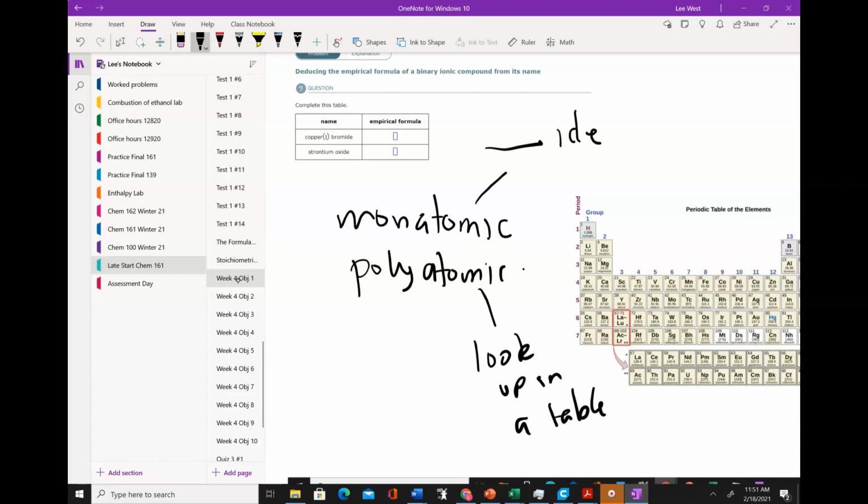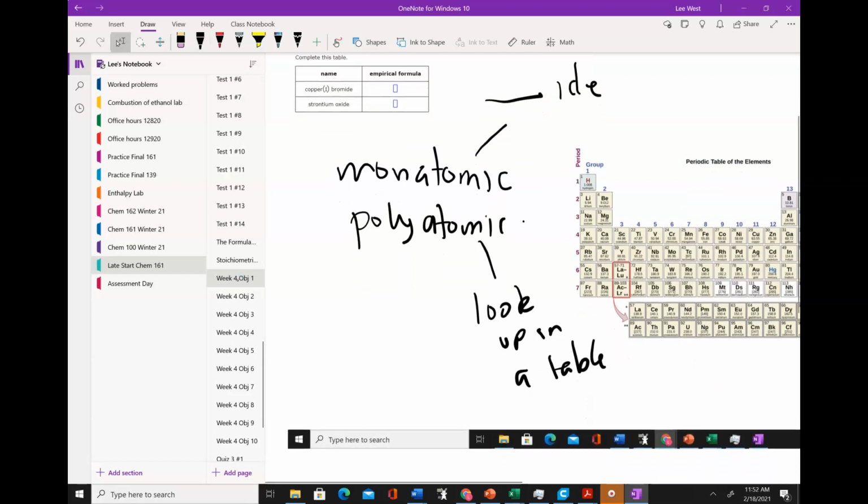So looking at this, what I see here is that the cation in the first case is copper(I). So the 1 indicates that the copper has a +1 charge. And then the anion is bromide, which indicates that it is the monatomic anion made from bromine.